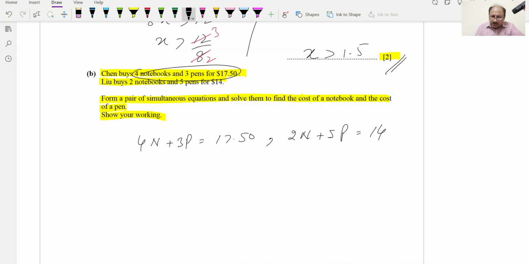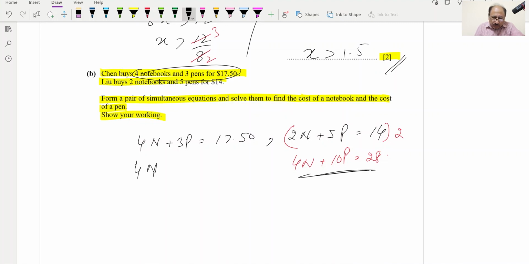Now these two are the simultaneous equations. To equalize the coefficients of n, we will be multiplying this equation by 2, and the new modified equation will be 4n plus 10p is equal to 28. Now we will solve these two equations simultaneously.